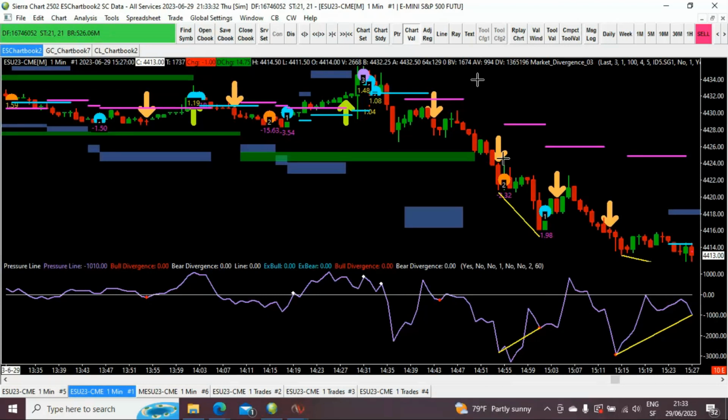Should have mentioned actually that this divergence indicator, I'm applying it to the pressure line here, but you can put any value line you want in this region of the chart, and it will show the divergence between price and that value line. There's also a value divergence to show any divergence between two different value lines, which can obviously again be a heads up to a change of behavior in the market.